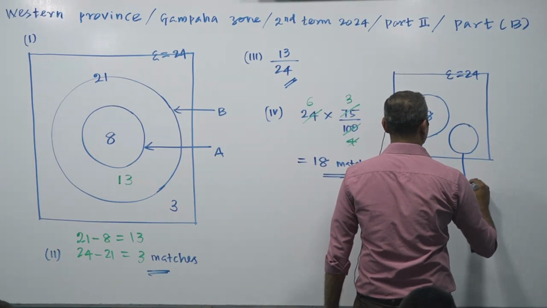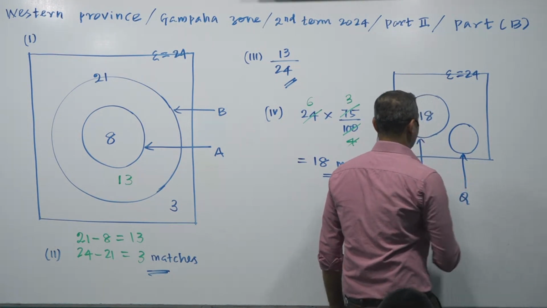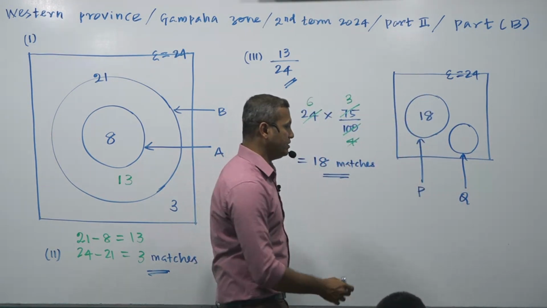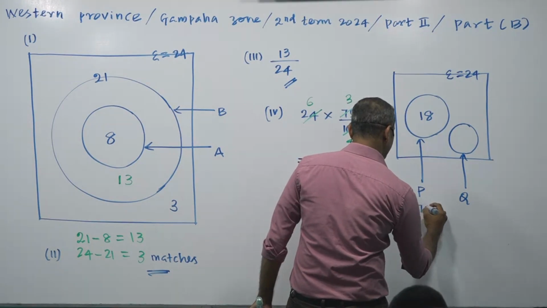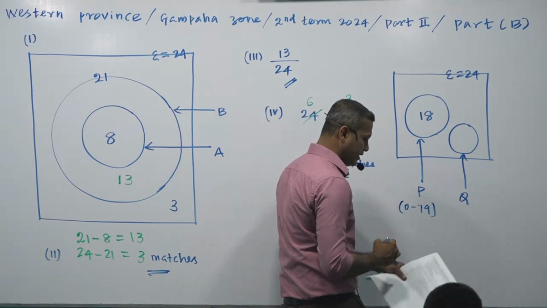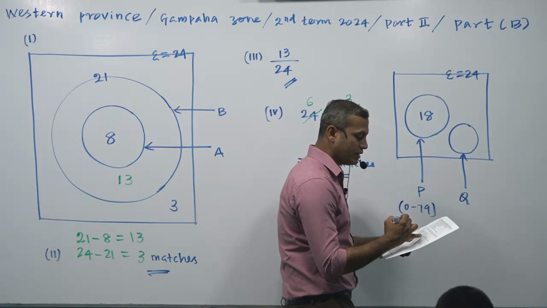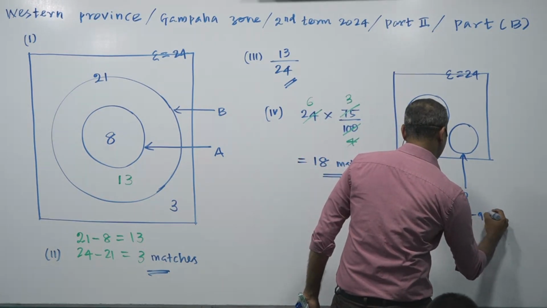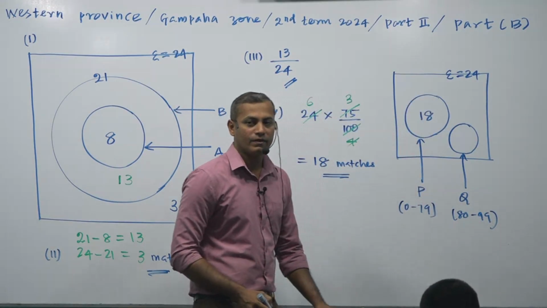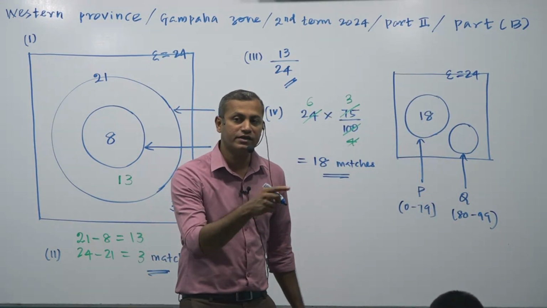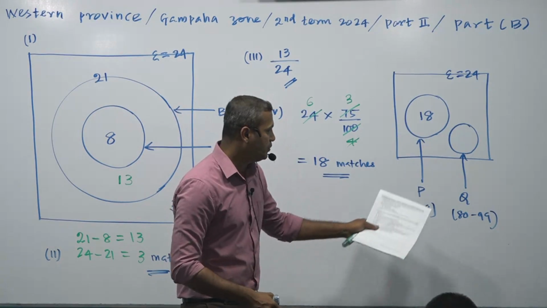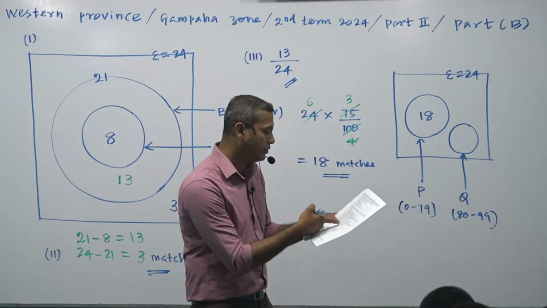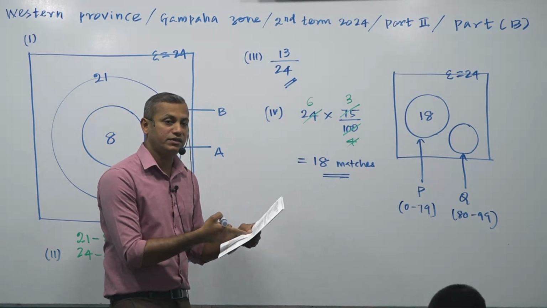Why? 0 to 79 is gone, already accounted for here. Then the other data says from 80 to 99. It's not from 0 to 99, it is from 80 to 99. Q. Read the statement for Q. What is Q? From 80 to 99.